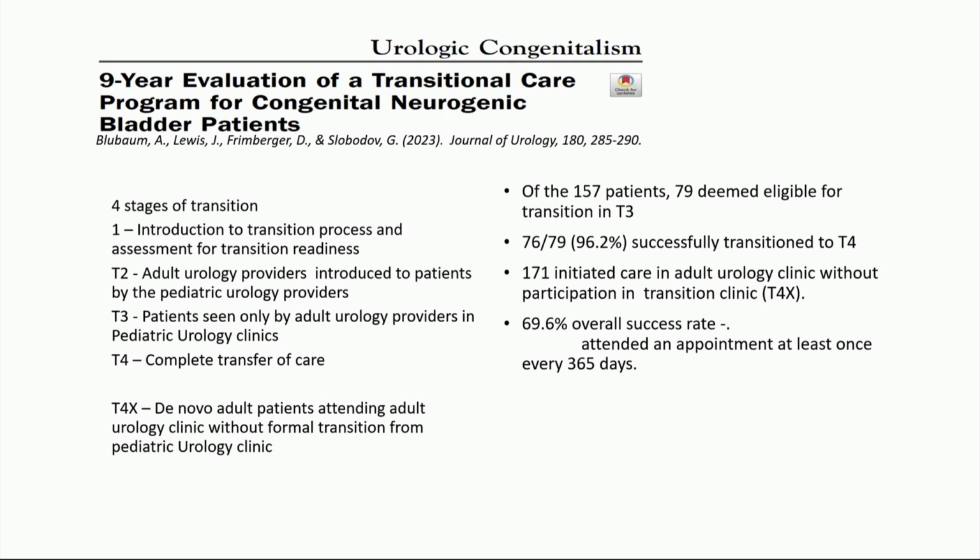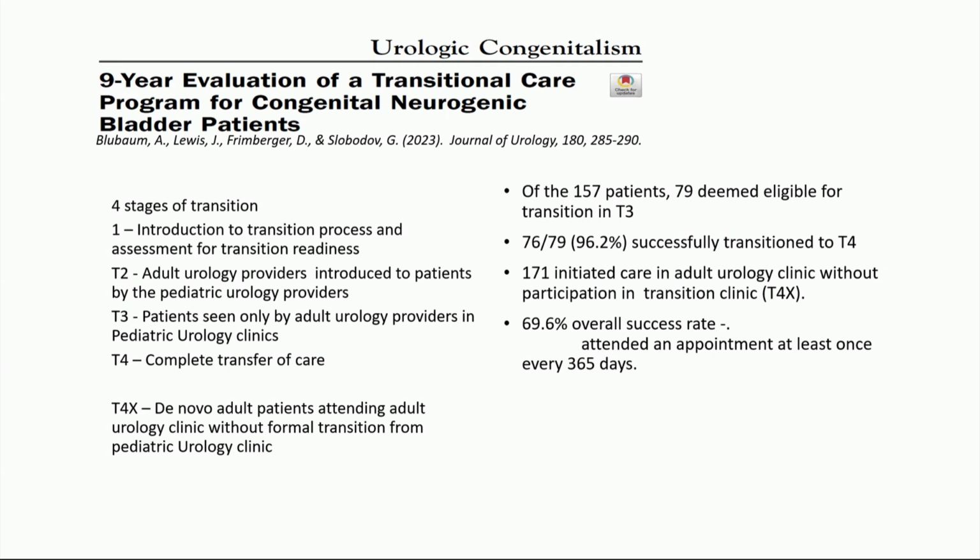Of the 157 patients who were attending the transition clinic, 79 were deemed fit for transition in the T3 appointment based on their readiness. Of the 79 selected patients, 76 successfully transitioned to the adult world.